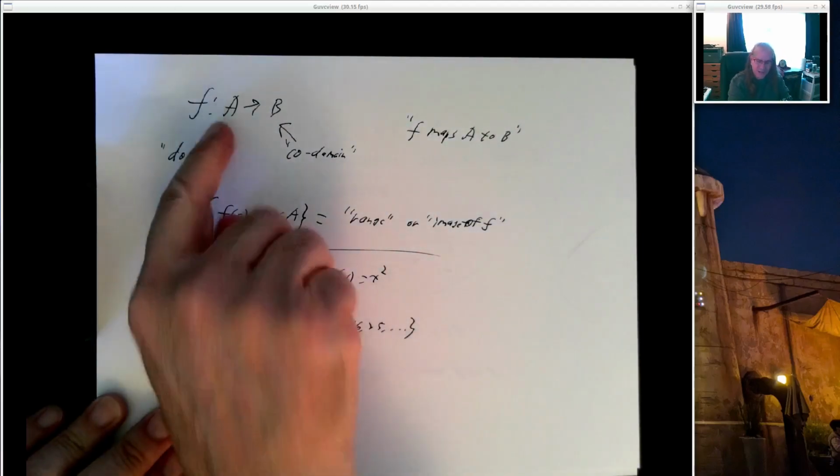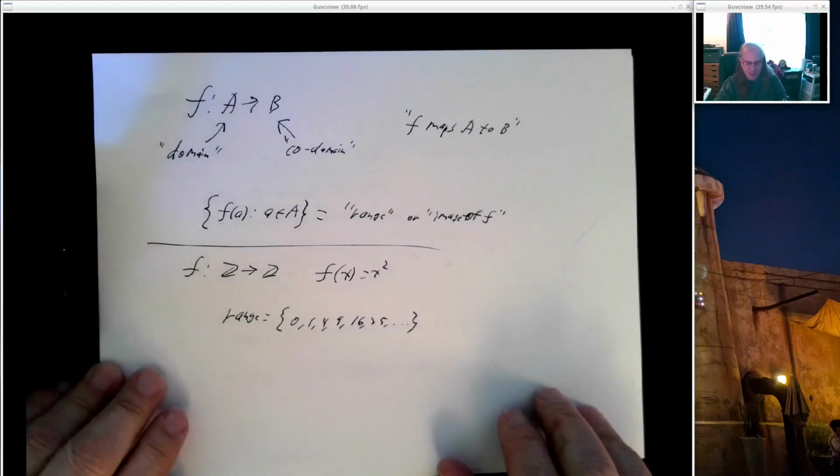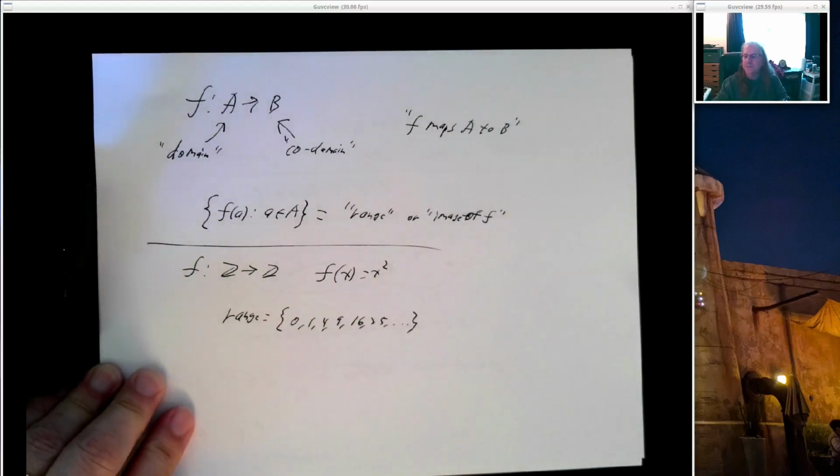If you think of f as kind of projecting things from A into B, the range is the set of things that get projected from A. So it's the image.